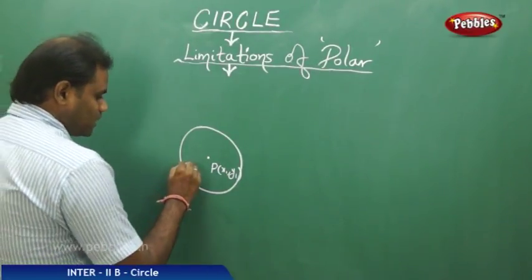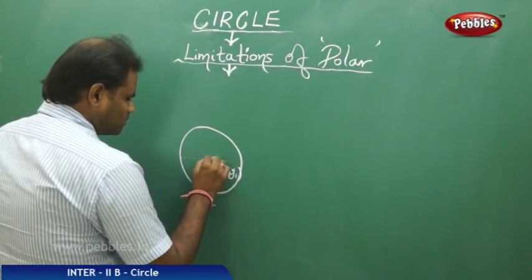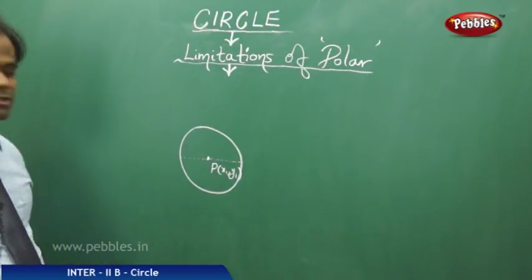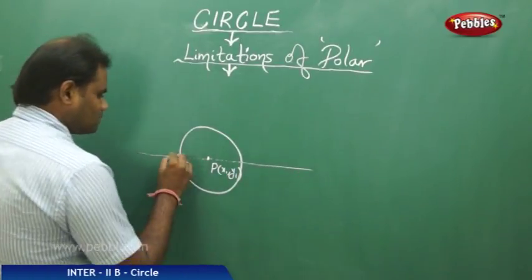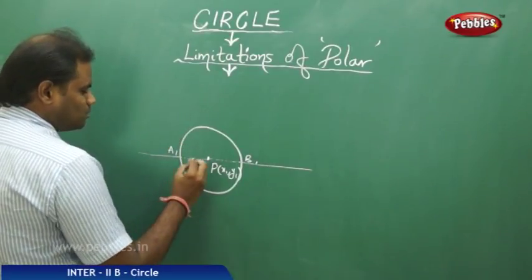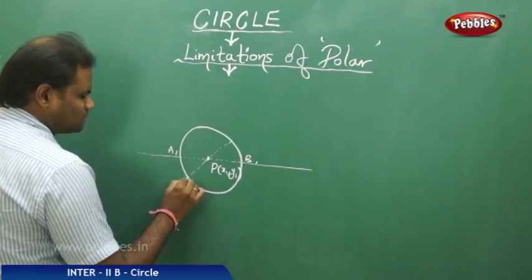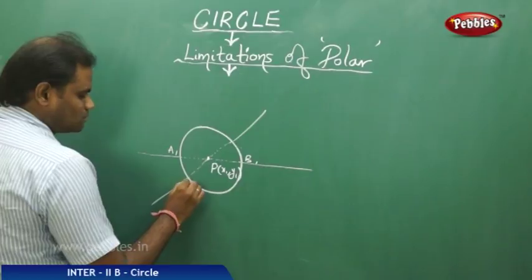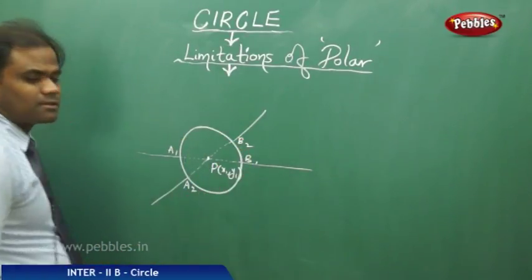So if I take the points, the chord which passes through this is A1, B1, and there is another chord which passes through A2, B2, and so on.